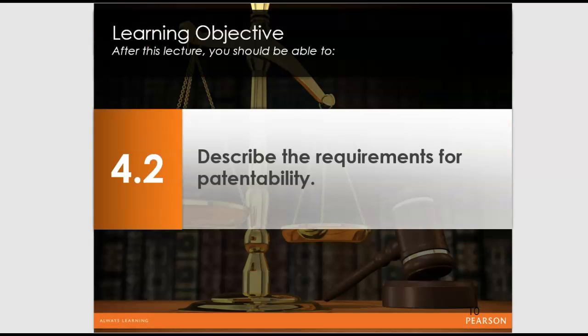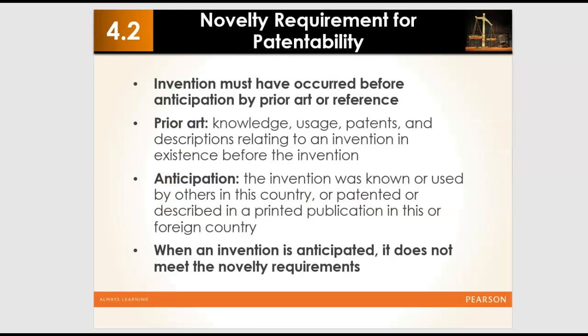Moving on, so the requirements for patentability we discussed already, so just reviewing it a bit. Your invention must have occurred before anticipation, meaning nothing exists before, because if there's a patent before, if there's knowledge, if there are descriptions related to your invention, it is not actually an invention anymore. Okay, and so it cannot collide with prior art.